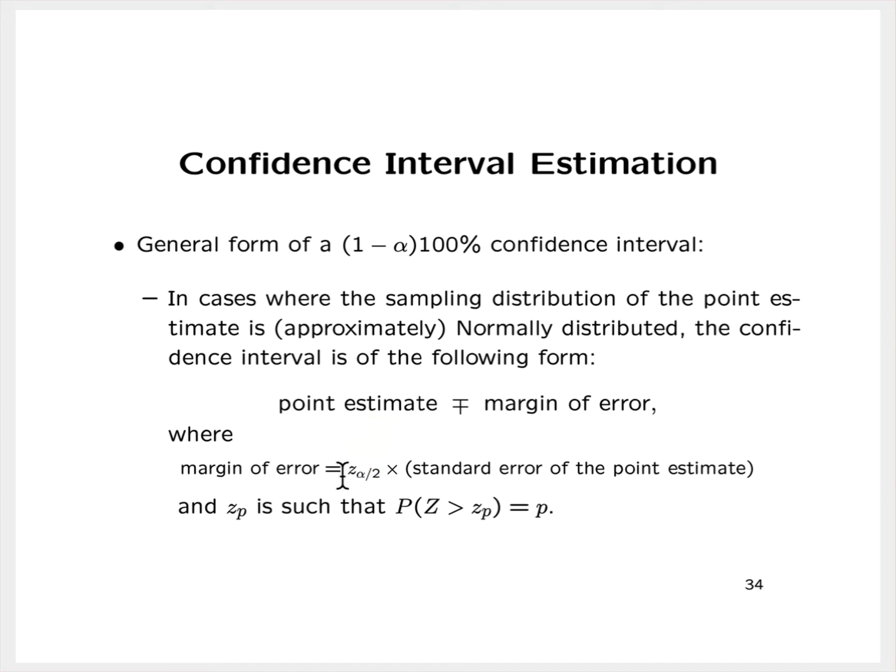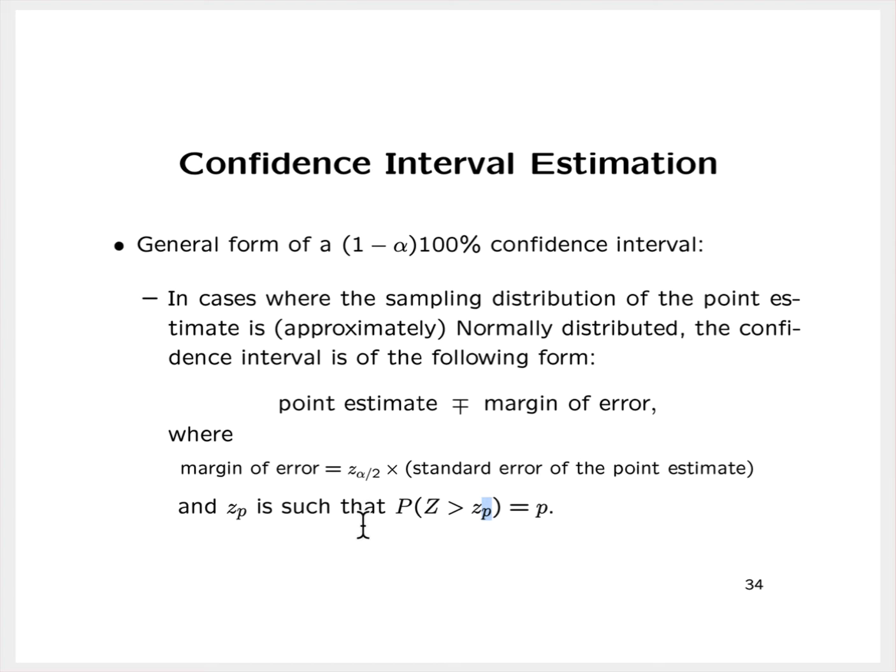Now, what is this z sub alpha over 2? Well, it's defined in the following way. So if we let p be the value in the subscript of this lowercase z, then z sub p is defined in such a way that the probability that the standard normal random variable, capital Z, is greater than z sub p is equal to p. So you can see here that this probability is the value that is in the subscript of little z.